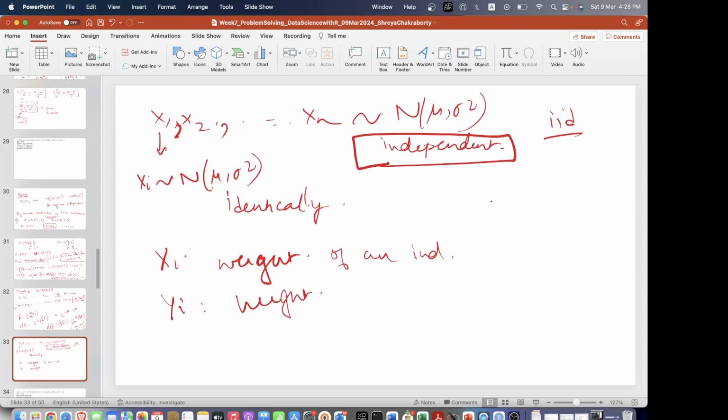Now if the distribution of weight and the distribution of height are the same, if this is also normal 1 1 and this is also coming from a normal 1 1 distribution, then x and y are identically distributed. And if it so happens that your weight is not dependent on what your height would be, then we can say that x and y are independent and identically distributed.